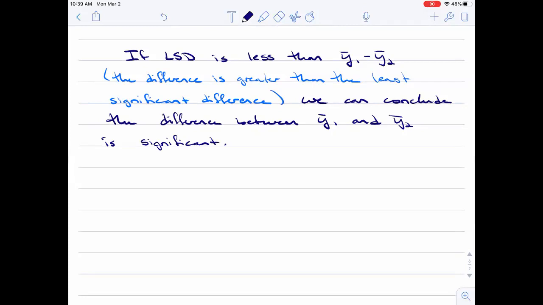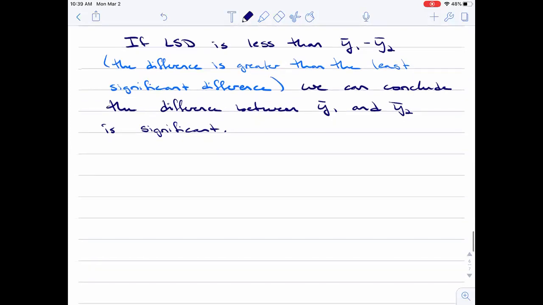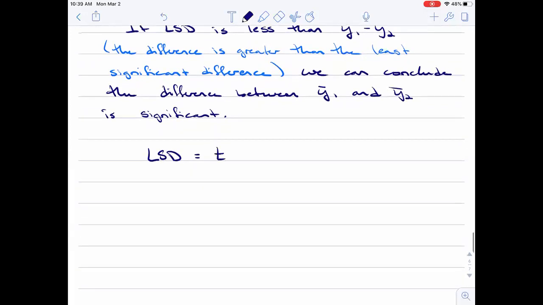So how do we calculate this LSD? The LSD is going to be a T star times the square root of the mean squared error times the square root of 1 over n1 plus 1 over n2.